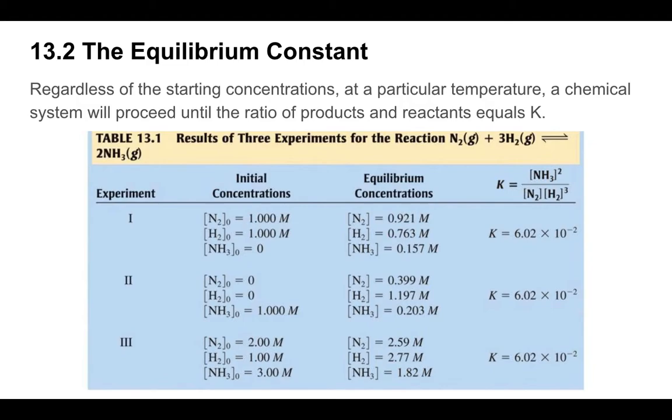Let's say you start with 1 molar nitrogen and 1 molar hydrogen. So you're starting with 1 molar of each of the reactants. Once you reached equilibrium, the nitrogen would have decreased to 0.921, the hydrogen to 0.763. Notice they decreased to different numbers because there's 3 hydrogens used up for every nitrogen. The ammonia would be up to 0.157, and when you solve for the K value, you would get 6.02 times 10 minus 2.